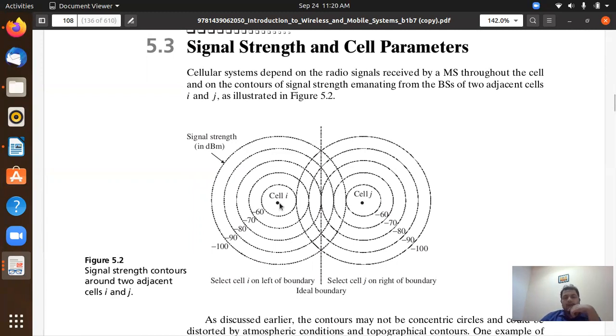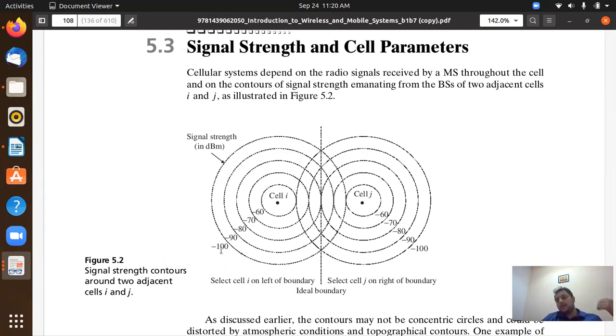So here, this is minus 60 decibel milliwatt. dBm is a unit of signal strength. That means if the cell I base station would generate a signal using 1 milliwatt signal strength, in decibel, what would be the power ratio? That we are calculating in decibel. So minus 60 decibel, very near to the base station, then minus 70, minus 80, minus 90, minus 100.